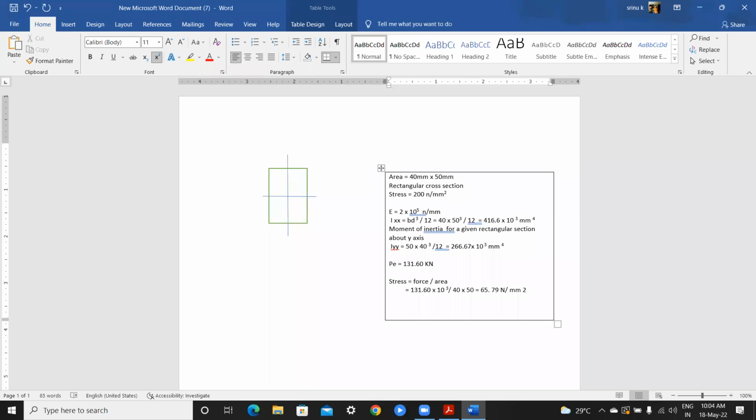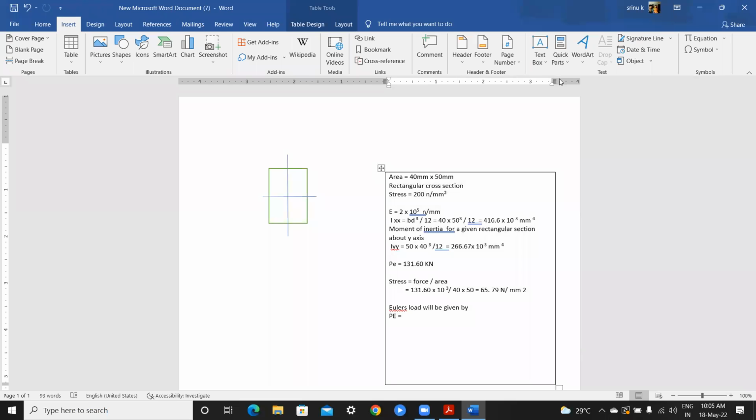So next, Euler's load is given by this formula. I will write here, Euler's load will be given by PE equal to, so what is the formula here?